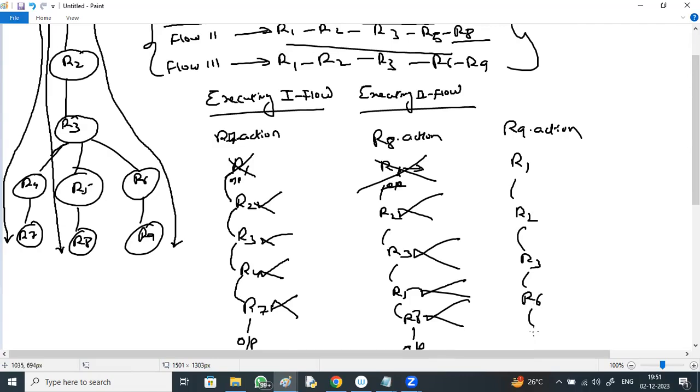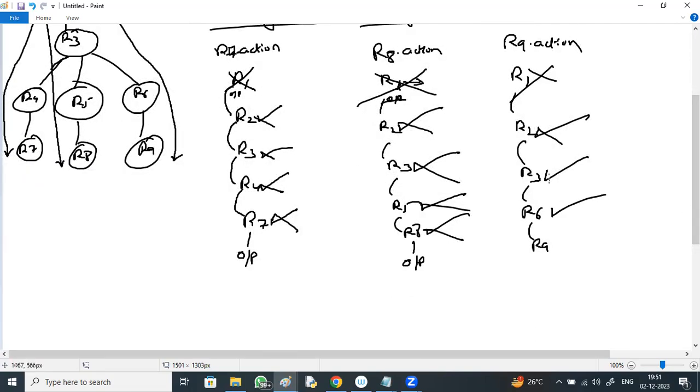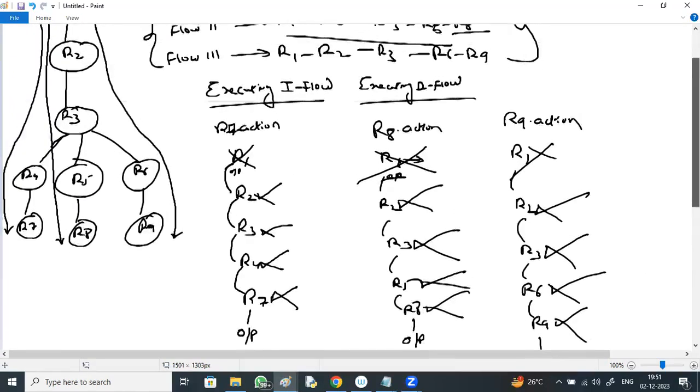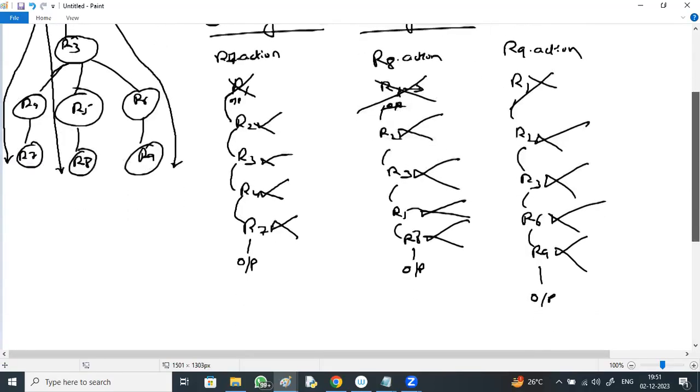R6, R9. When this is loaded, this gets removed. When this is loaded and completed, this gets removed. Once this output is collected, this also gets removed. Now, after executing this flow, no RDD is present within the RAM. Now you can trigger any other flow.